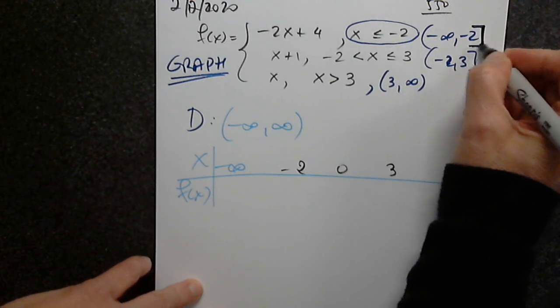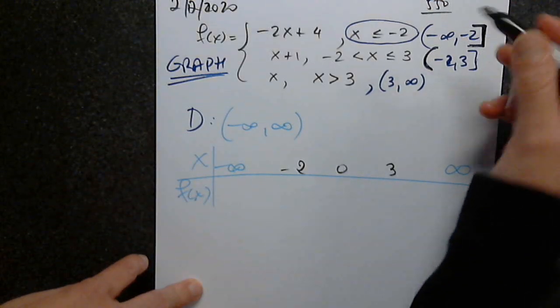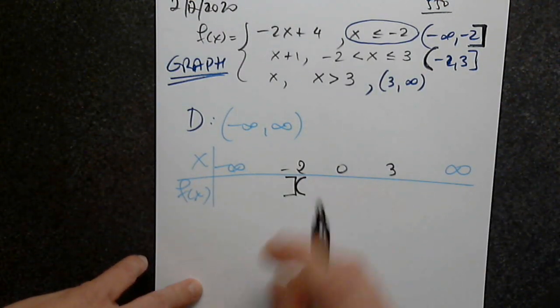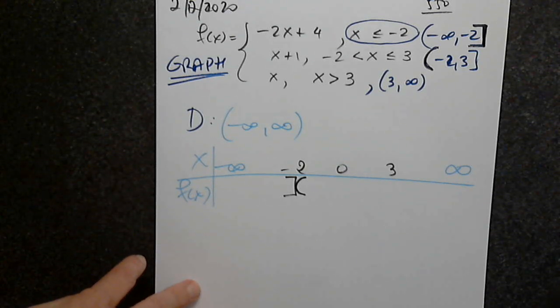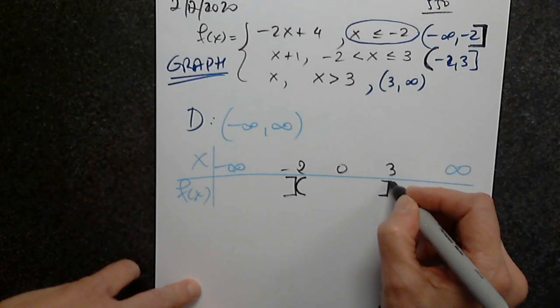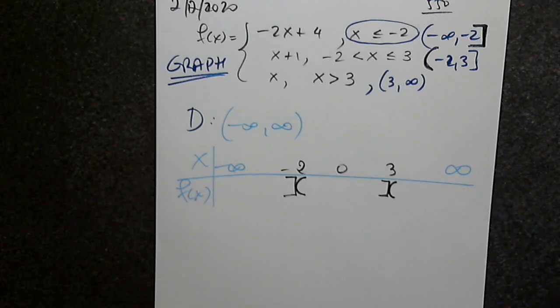I copied what I see here under negative 2, a bracket to the left and a parenthesis to the right. Immediately under negative 2. I copied the same thing, a bracket to the left and a parenthesis to the right. It happens to be the same, immediately under 3.